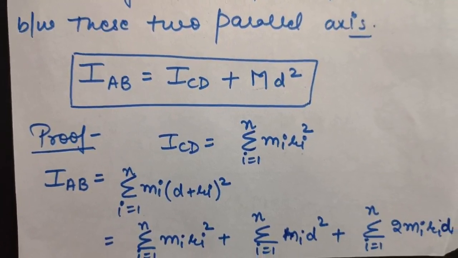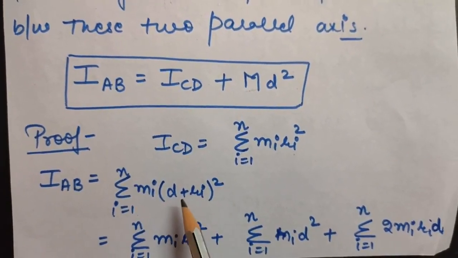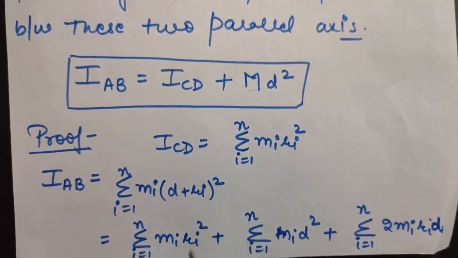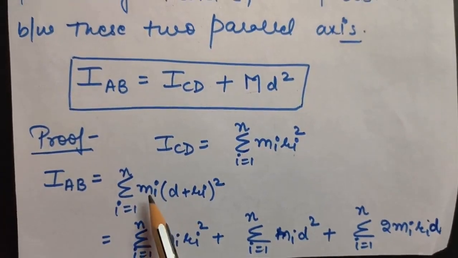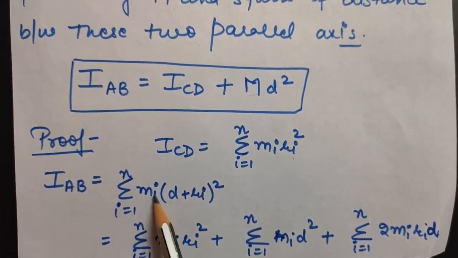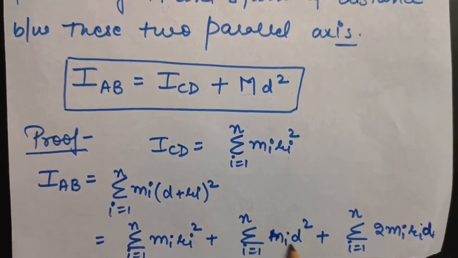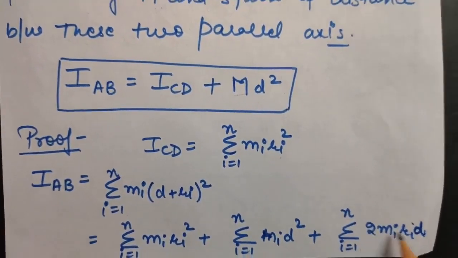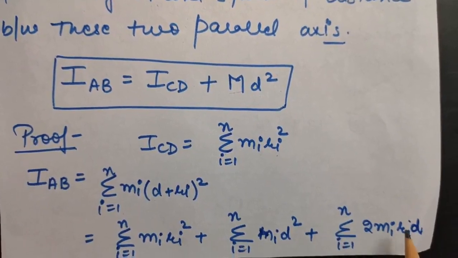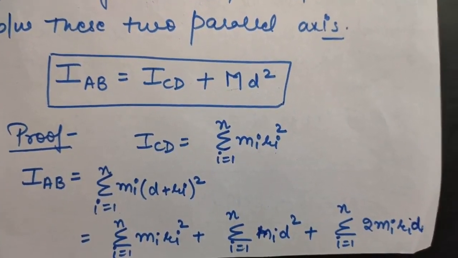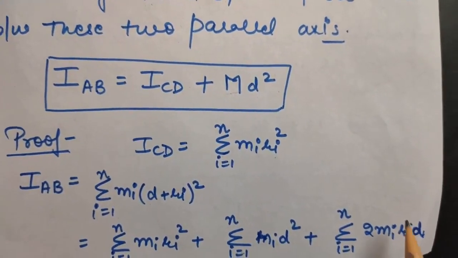Okay, so if I solve the square term, so it will be D plus Ri square will be, see, summation Mi Ri square, that is A square, plus summation Mi D square, that is B square, plus 2AB. So just I have opened the square terms and I have multiplied the summation with each term. Okay, so you will get this.